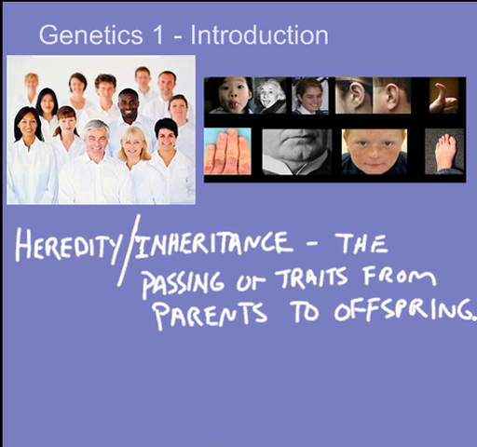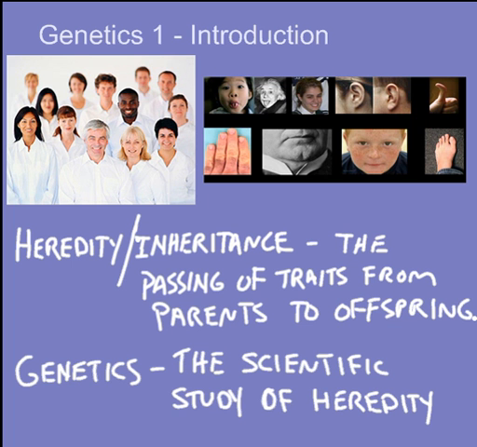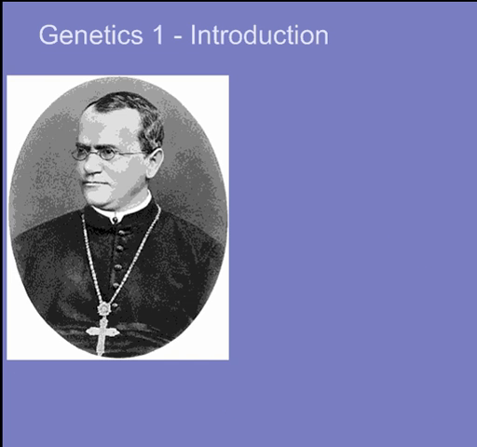Now, heredity or inheritance is the passing of traits from parents to offspring. Genetics is the scientific study of heredity. Gregor Mendel is considered to be the father of modern-day genetics. As a matter of fact, it's often referred to as Mendelian genetics.